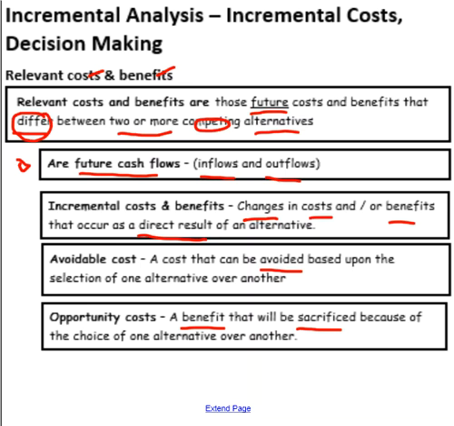Number two, you can accept a $10,000 benefit in terms of the cash flow. If you choose not to sell the car, you are incurring an opportunity cost because you are foregoing the benefit of the $10,000. You're sacrificing that benefit because you chose the alternative of not selling that car.